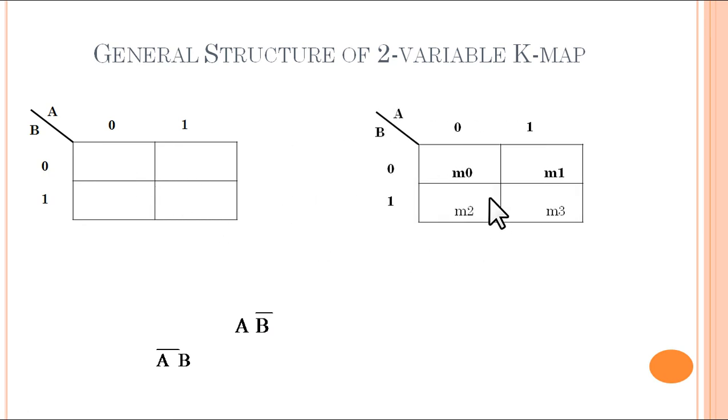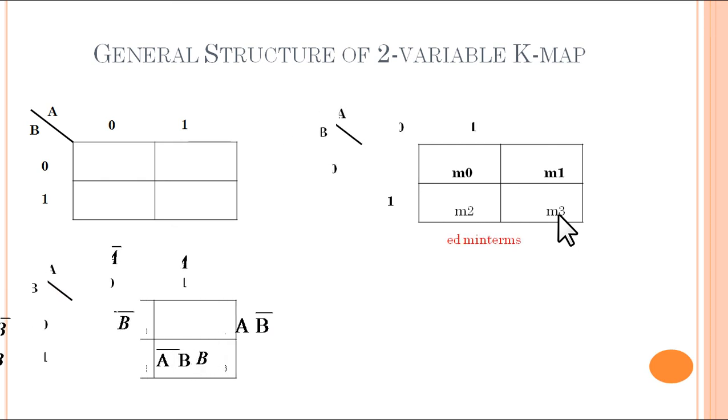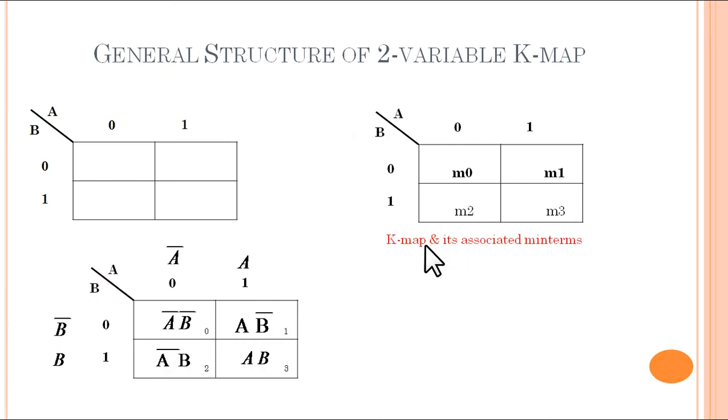That would look like this. The first box represents min term m0, the second will represent m1, the third will represent m2 and the fourth will represent m3. So now when you see the K-map and associated min terms, the K-map general structure is this final one, what you can see in the last diagram.